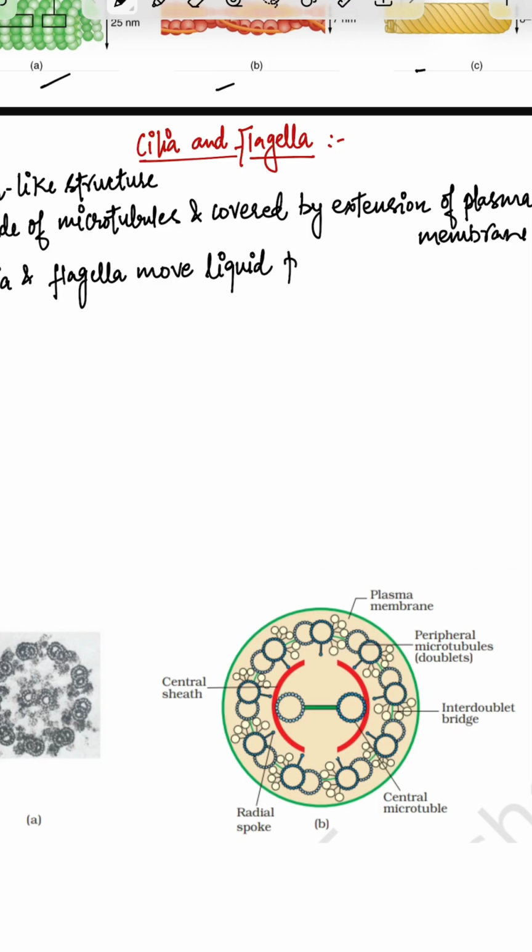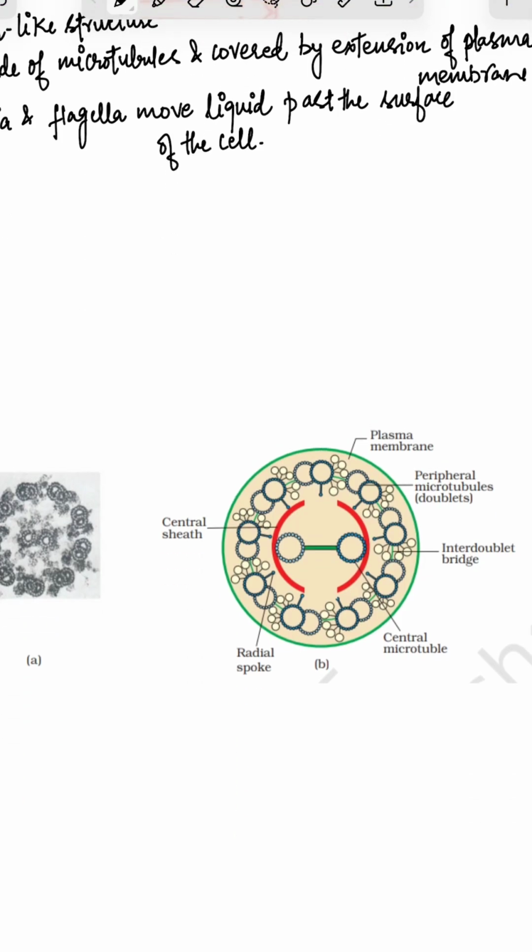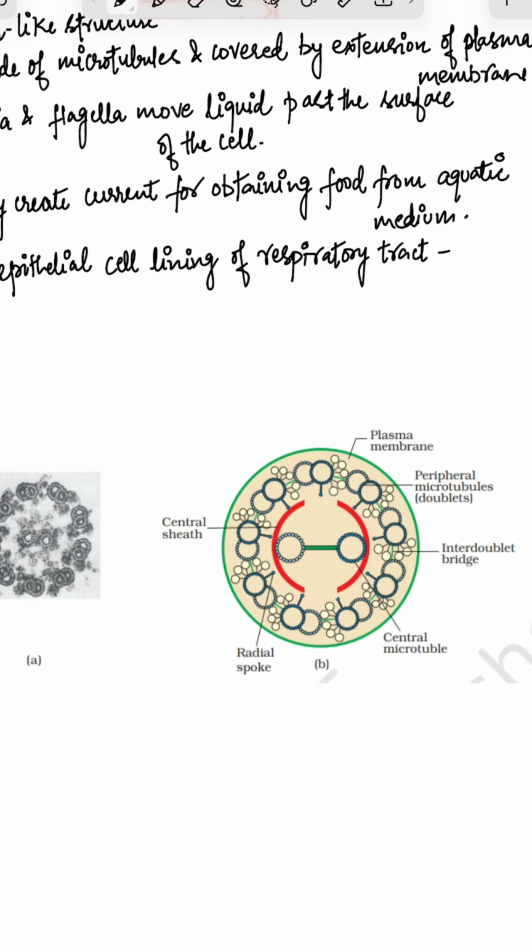They create current for obtaining food from aquatic medium, because in water bodies movement is needed. So these provide movement to the cell or to the organism. The epithelial cell lining of the respiratory tract has a huge number of cilia, because we all know air needs to pass through the respiratory tract, so they make a passage for the air.